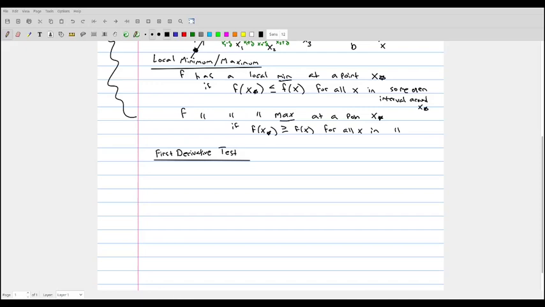So the first derivative test says the following. Suppose f is differentiable on the interval, let's say from a to b, except possibly at a critical point.